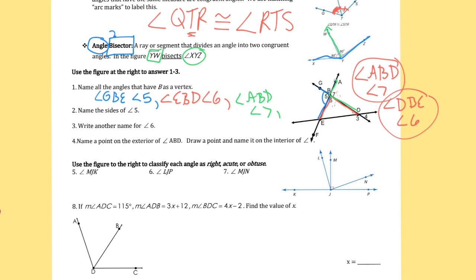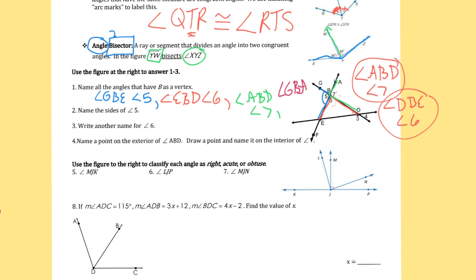And then for the top one, there really isn't a shortcut, so we're going to call that one angle GBA. Could you call it ABG? Yes, but B has to be in the middle. Of all the ones that have B as a vertex, B must be in the middle. I want you guys to be comfortable with that.